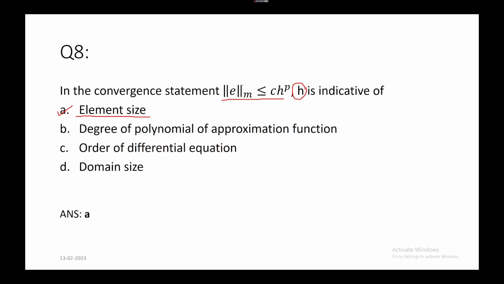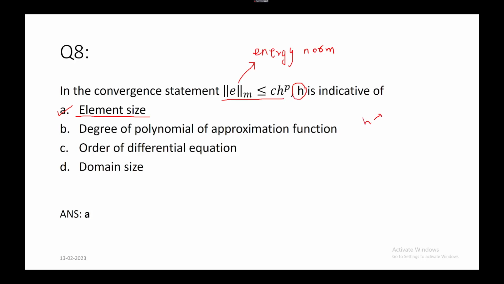Since you are using m, this is nothing but your energy norm. So the energy norm is less than or equal to some expression, which is nothing but C times h to the power p.